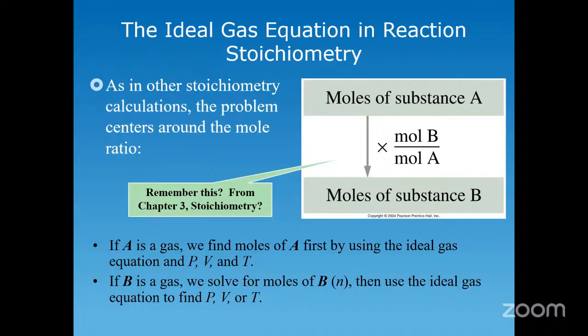This is how we combine what we learned in chapter 3 about stoichiometry with what we're learning now about the ideal gas equation.